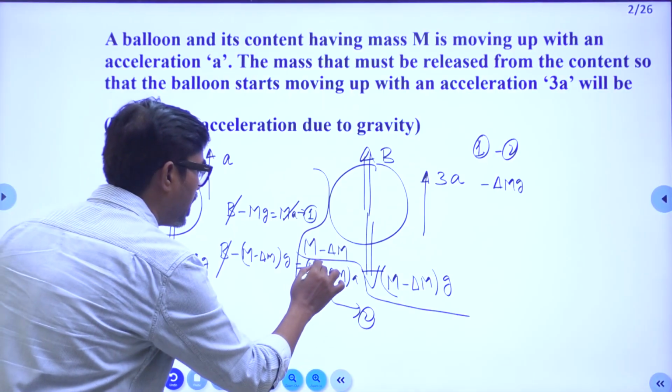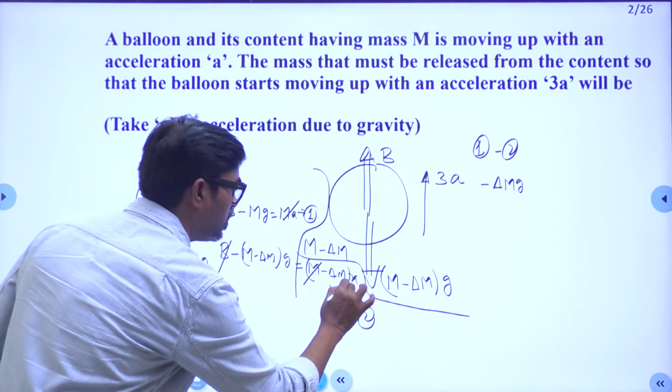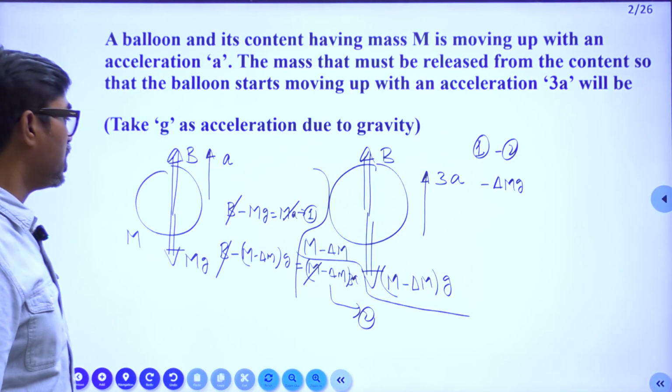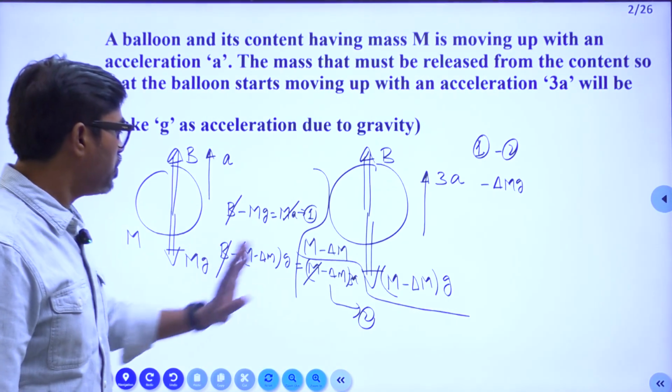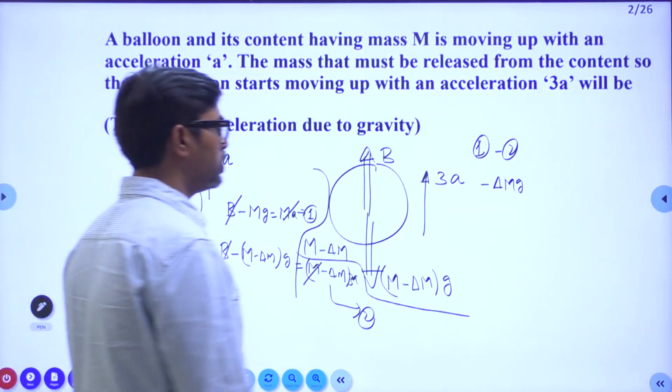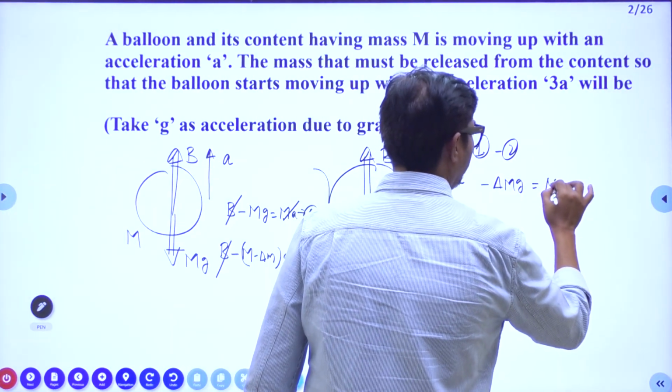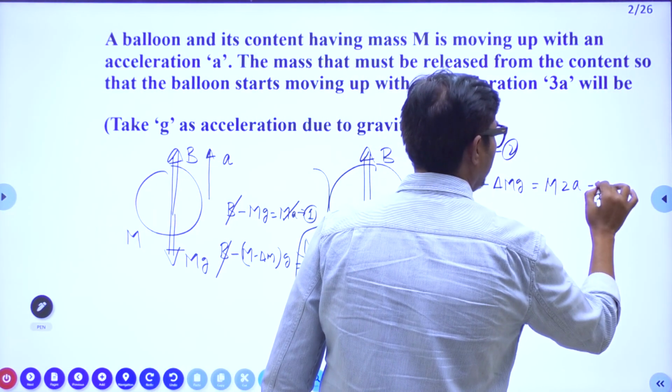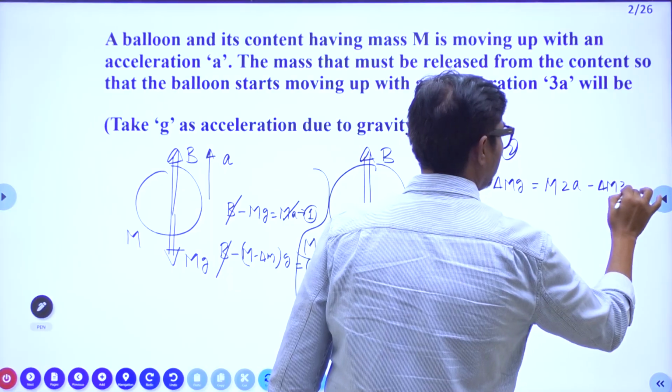Capital M into a and capital M into a is gone, and here the acceleration is 3a. So then I'll have capital M into 2a there, and then delta M into 3a. So this is going to be capital M into 2a minus delta M into 3a.